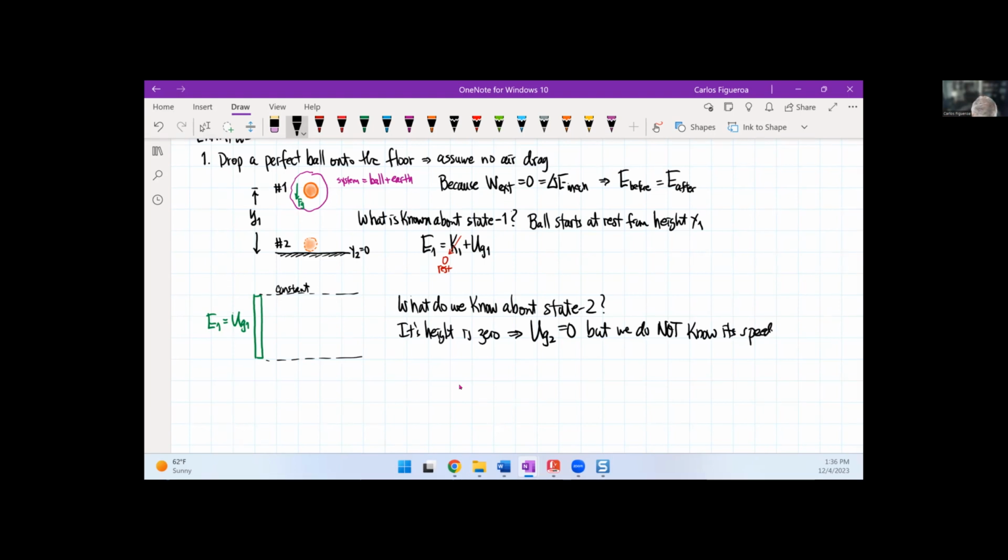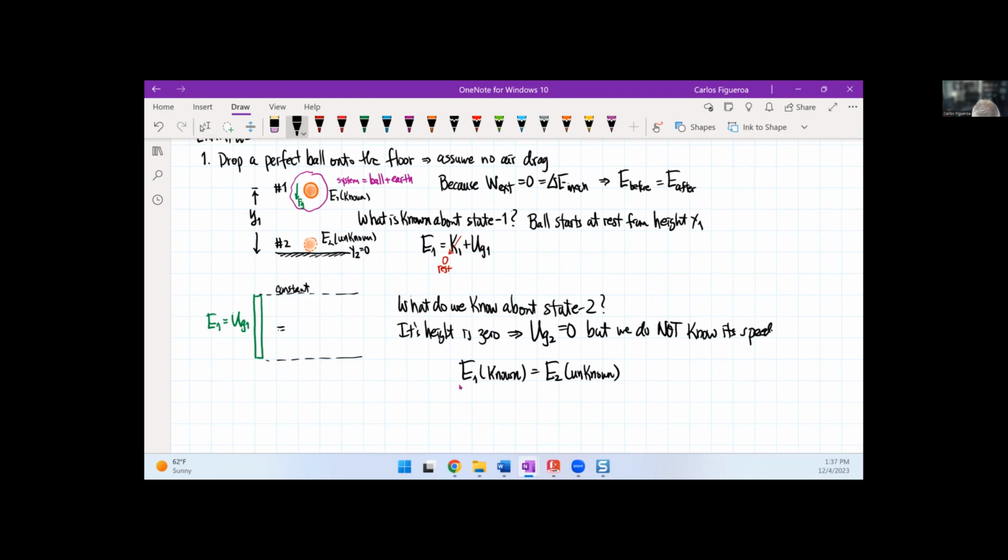So at state 1 we have a known energy, and state 2 is an unknown energy. In other words, conservation of mechanical energy says I know everything about energy 1, but I don't know everything about energy 2. It's an unknown.